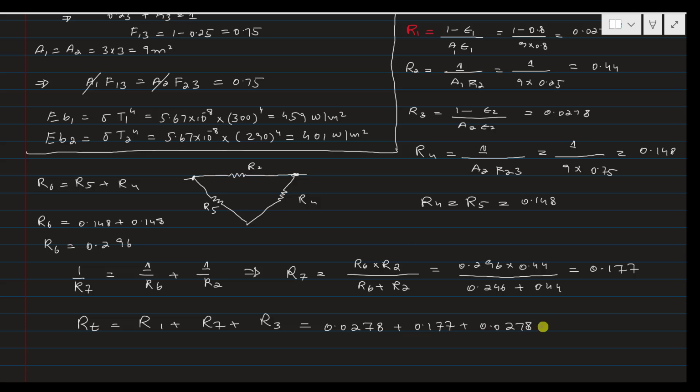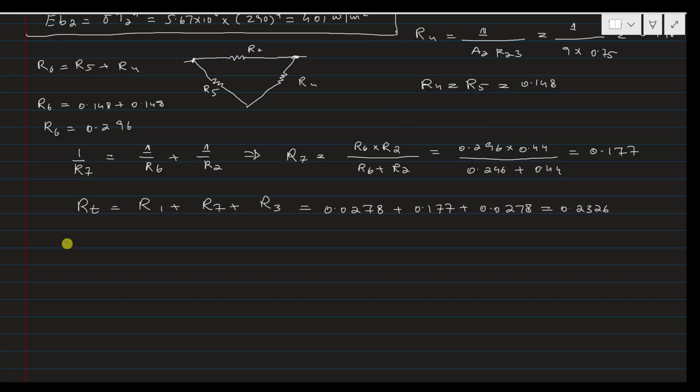After addition, you will get the total resistance of the heat transfer between floor and ceiling, that is 0.2326.